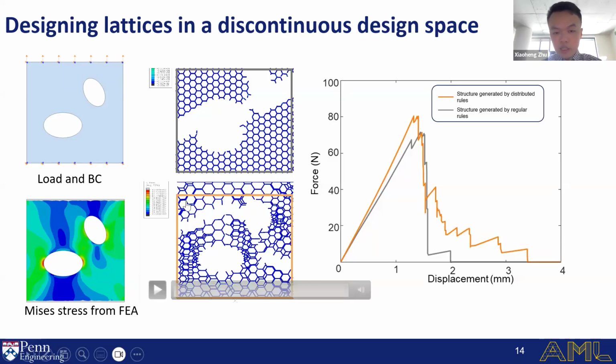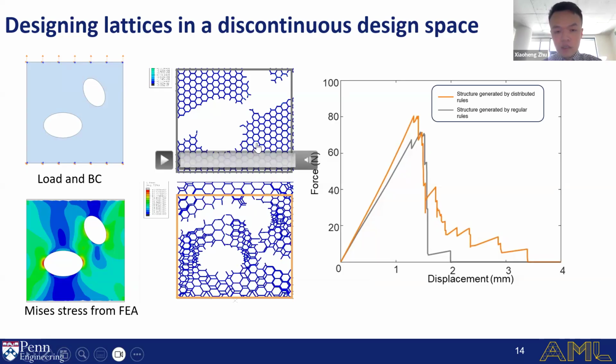You can see that these two structures have the same relative density. However, our structure can achieve higher loading strength and at the same time higher fracture strain, which contributes to higher energy dissipation.